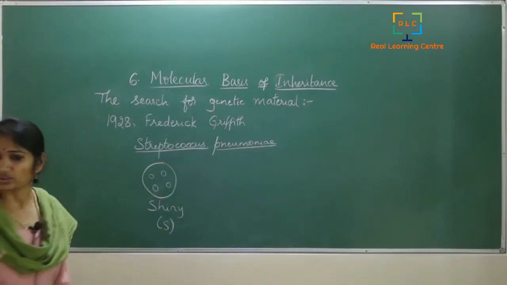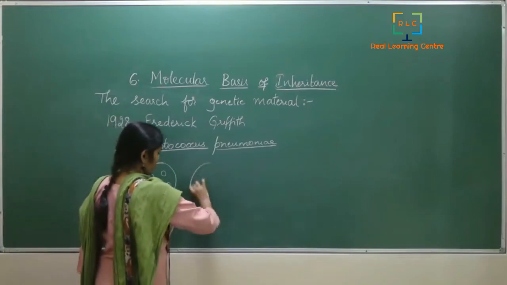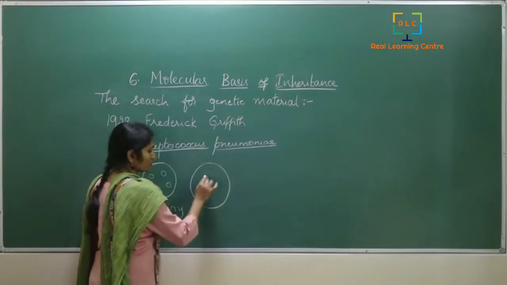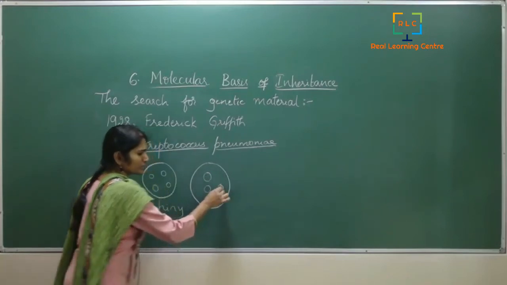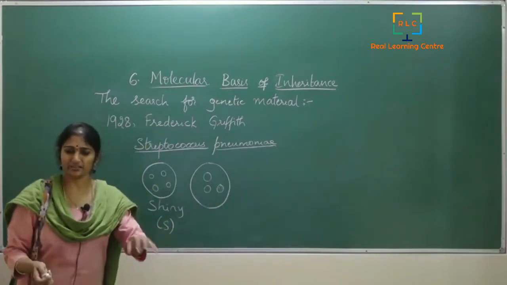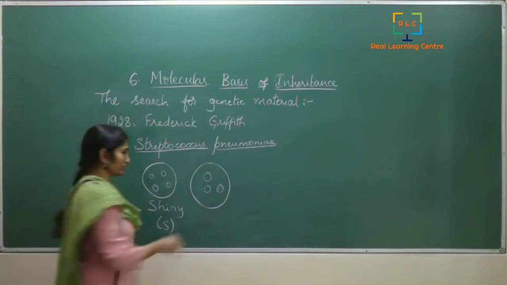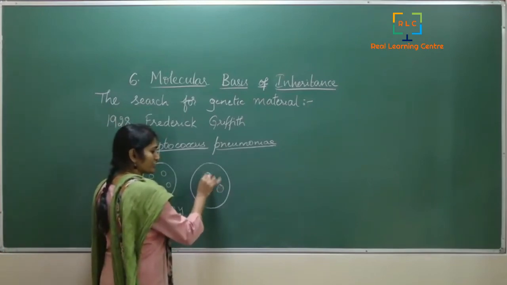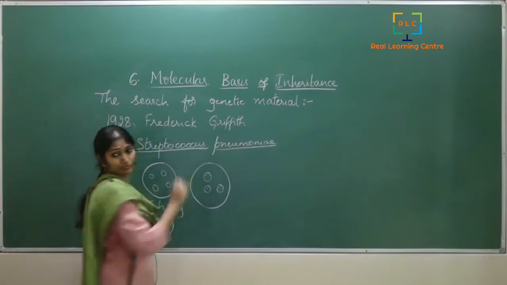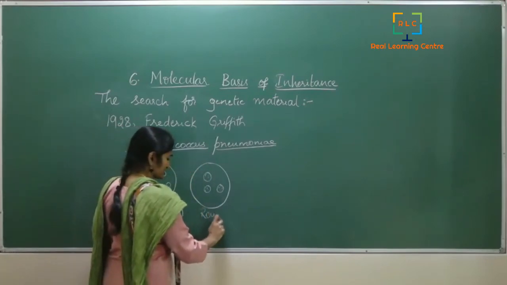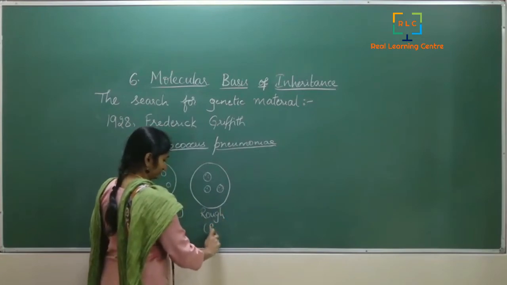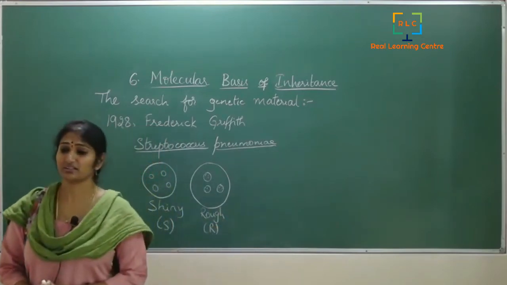And now there was one more which was not shiny, but if you just look at them, you see that they had some small dots on them, which made their appearance slightly rougher. And he called this R.